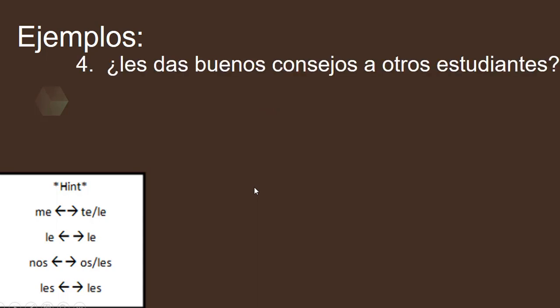And then número 4, ¿les das buenos consejos? Do you give good advice to other students? The indirect object is right here. A otros estudiantes. What do you give? Good advice. This is the direct. Leave it there for now.